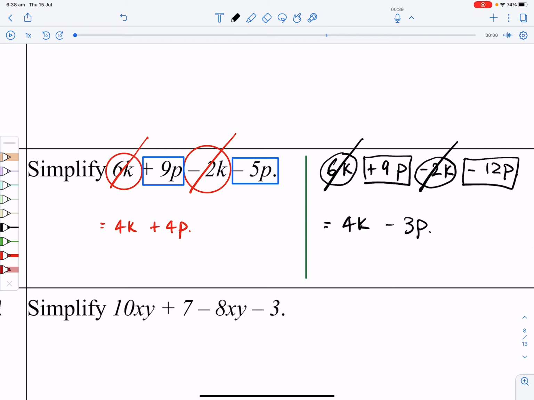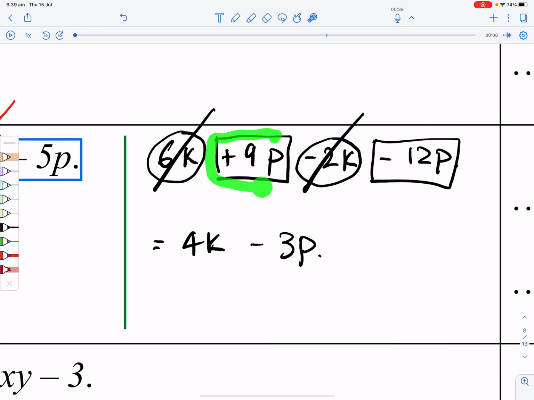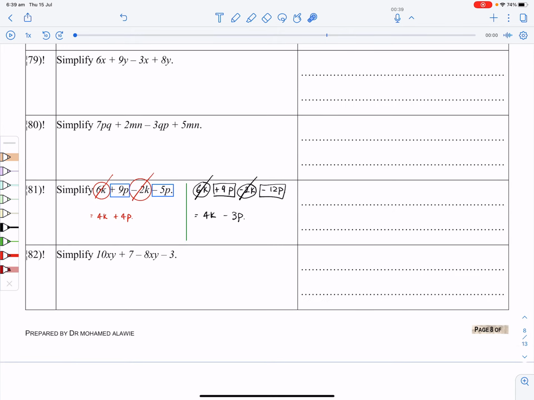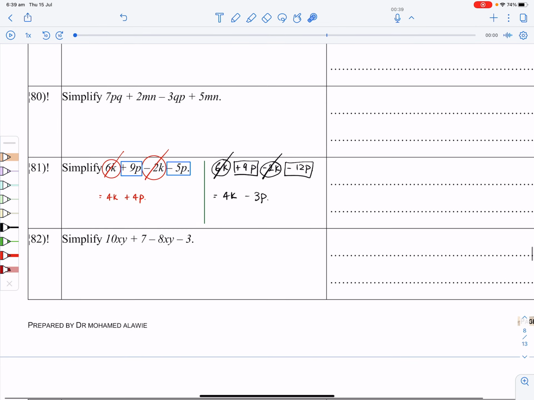In the original question, 9p minus 5p is 4p, so I wrote down plus 4p. In the question I just made up, 9p take away 12p is minus 3p, so I write down minus 3p. That should help you really understand what we're talking about here.